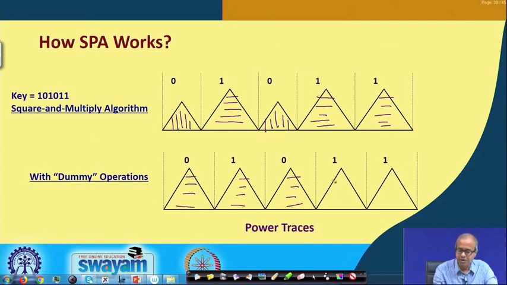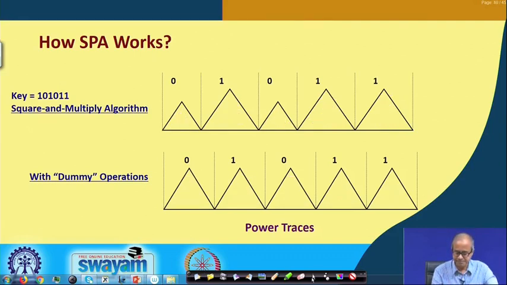So, simple power analysis will not work. Simple power analysis will work, can give you the exact key when no countermeasures have been implemented. That means, dummy operation has not been incorporated. Then you can directly get the key if you mount this kind of an attack.